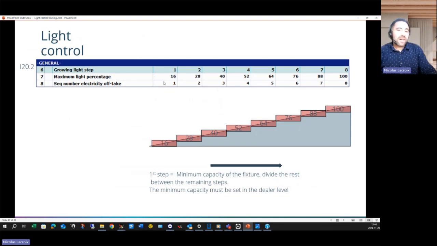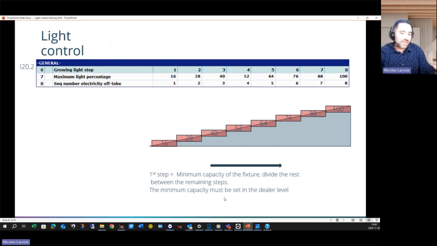Here you have to divide your steps in percentage. The first step is the minimum capacity of the fixture, and you divide the rest between the remaining steps. The minimum capacity must be set at the dealer level, and that one is really important.